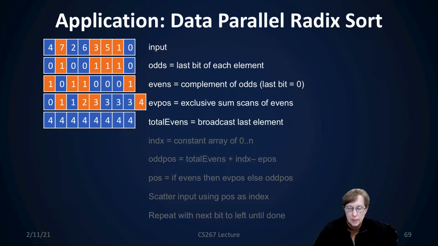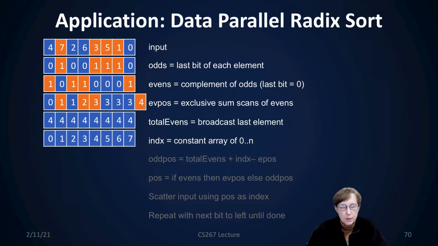And so let's look at the evens array. The next array that we compute is the total number of evens, which is just the last value that came out of the sum scan of the evens array, and that is now just broadcast across this total evens array. We then just make up a constant value that we often use in a data parallel algorithm, which is just the indices from 0 up to n.